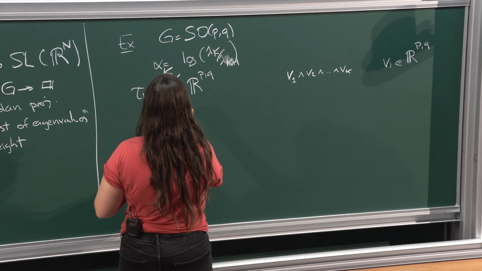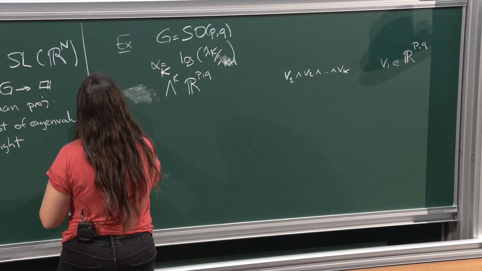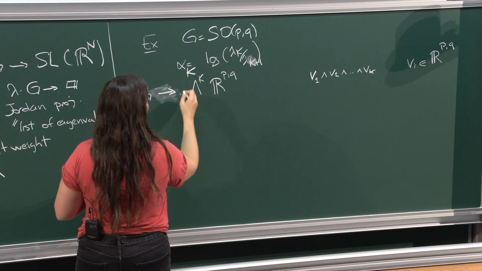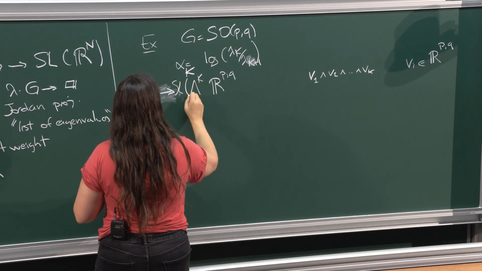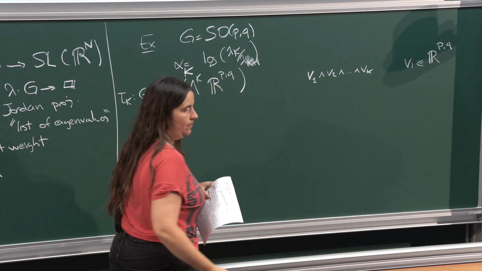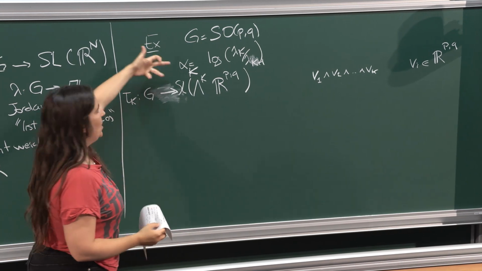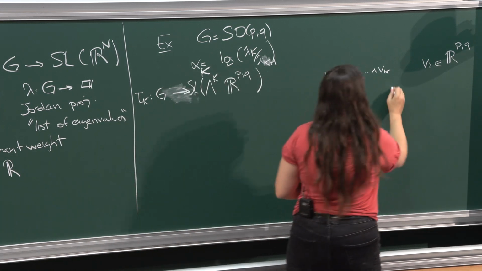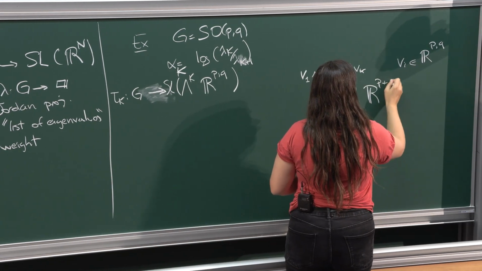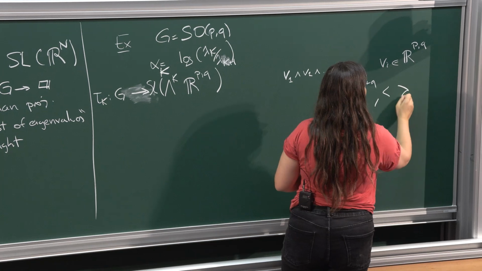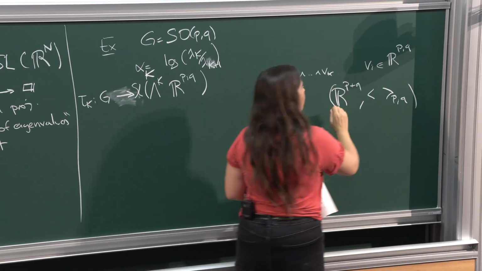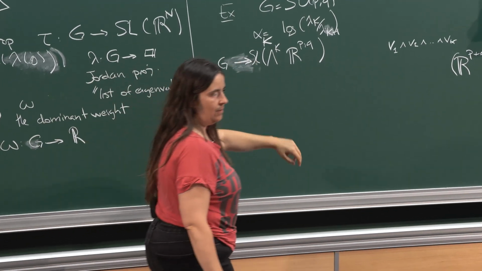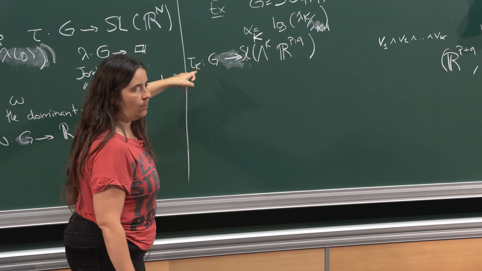That's this tau, tau k, the representation from G to SL of the kth wedge power of R^(p,q), which is the natural action. R^(p,q) is my notation for R^(p+q) together with the form of signature (p,q). And this is one example.